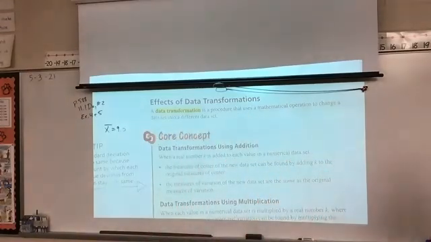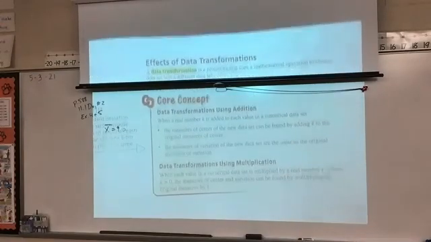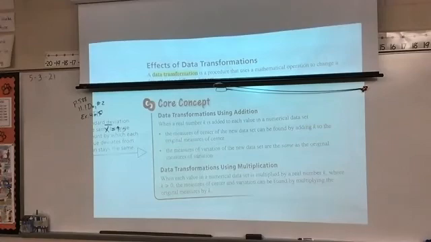There's two different types of data transformations. Either we add a number to every value in the data set, or we multiply every number in the data set by something. And how that affects our measures of central tendency is going to be different.